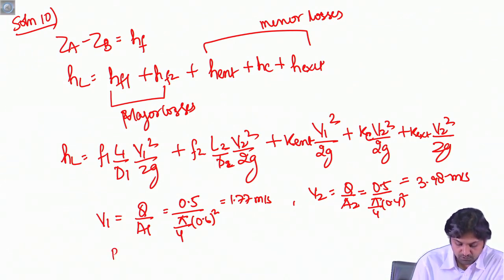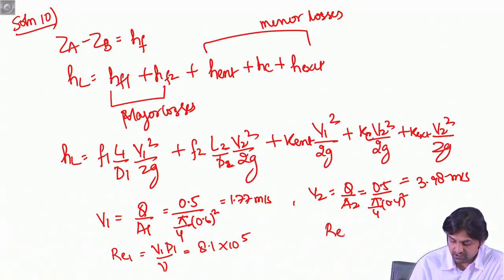Alright. So, if we know V1, we know Re1, V1 D1 by nu, and you put the value of velocity, diameter and nu, you will get 8.1 into 10 to the power 5.